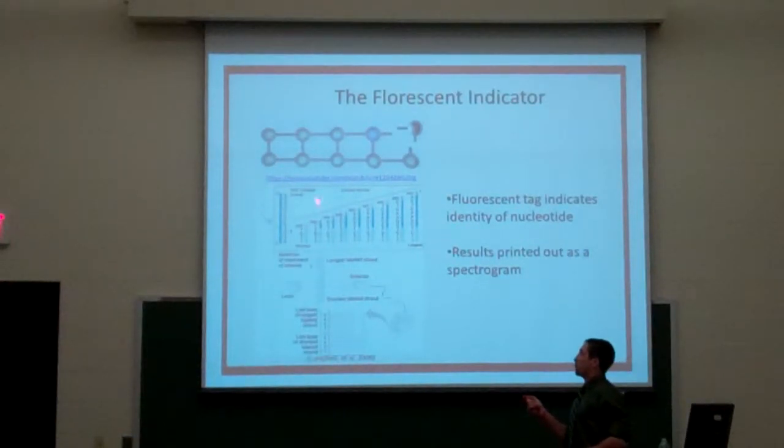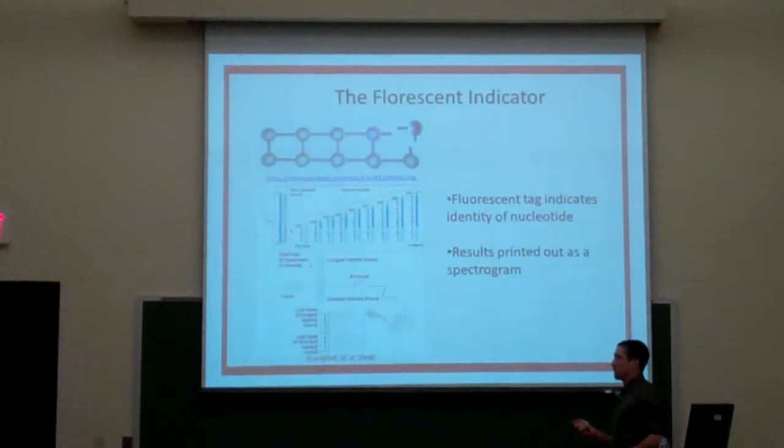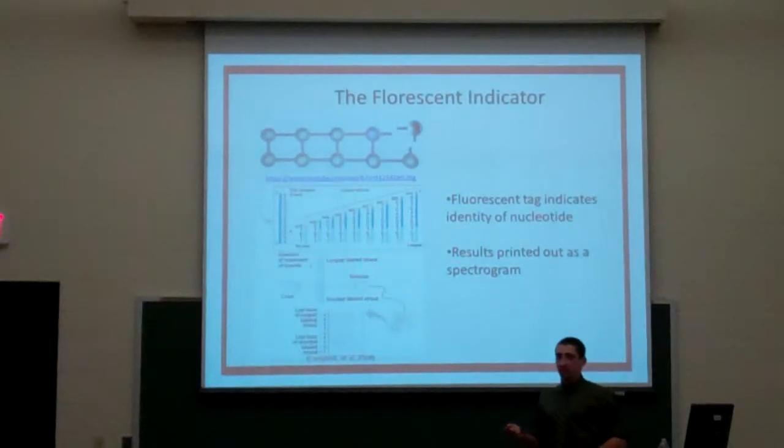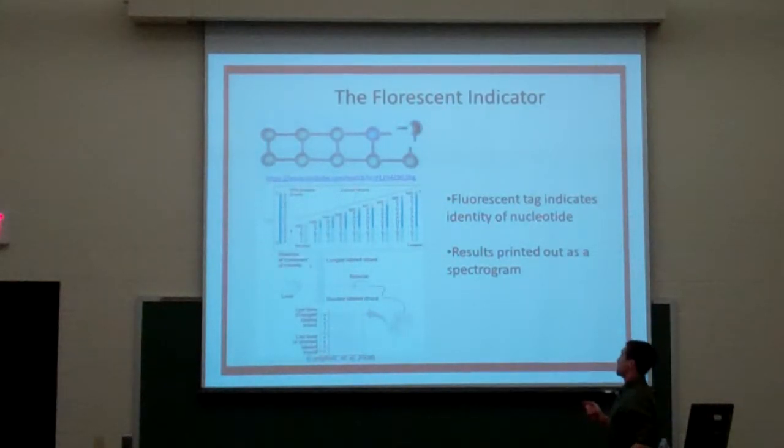So when you combine them all, this is one strand here, and you can see that it has the same sequence going up, and at the end of each has a different color. These are the fluorescent indicators that cut it into the different strands. Once this is done, it can be sent through a fluorescent detector and then sequenced into a spectrogram, which can then be analyzed and compared.